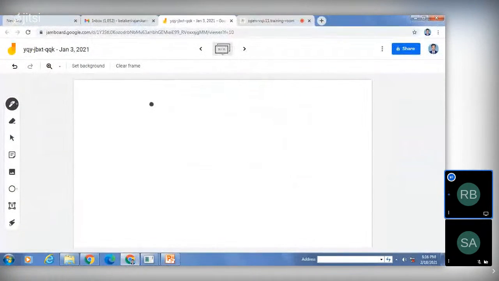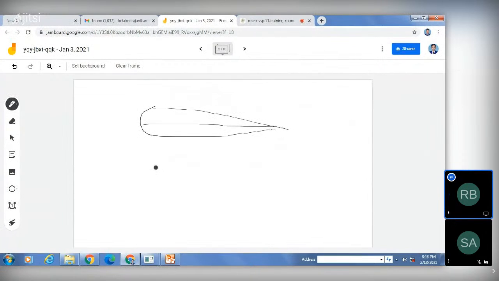What will happen in this case if you have a symmetrical wing like this? In this case, there will be no lift at 0 degree angle of attack. I'll take it along the x axis, angle of attack alpha.